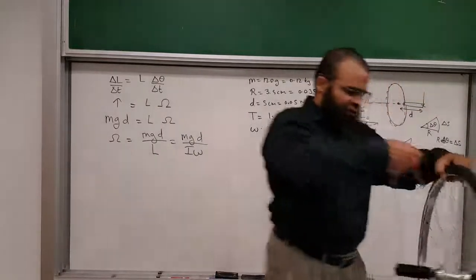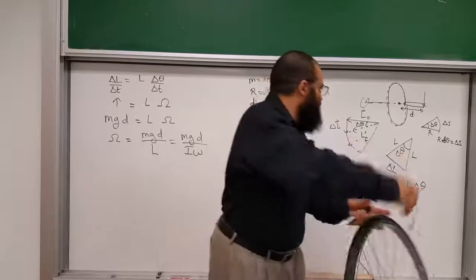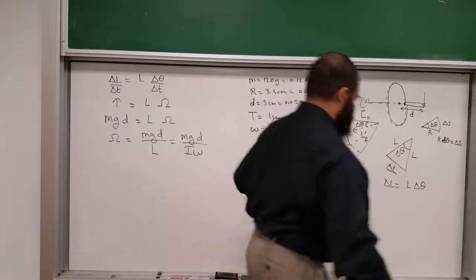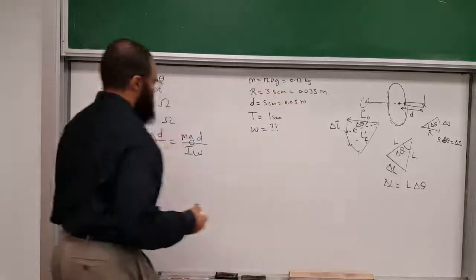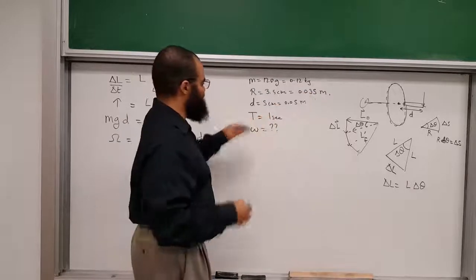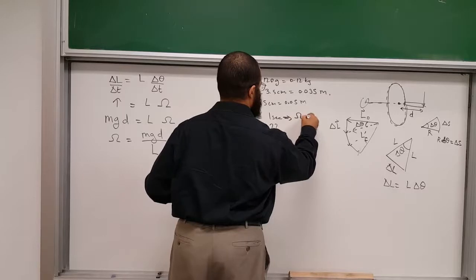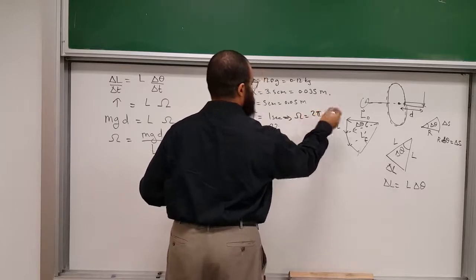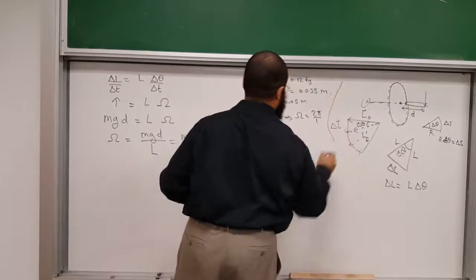Here's my disk. As it turns, it makes one turn every 1 second. So capital omega will be, it turns by 2 pi this way in 1 second. So that means capital omega is 2 pi per 1 second, so that's just 2 pi.